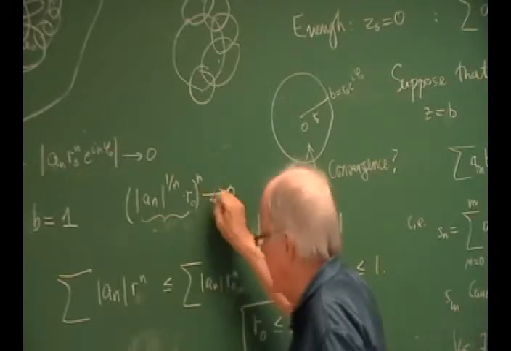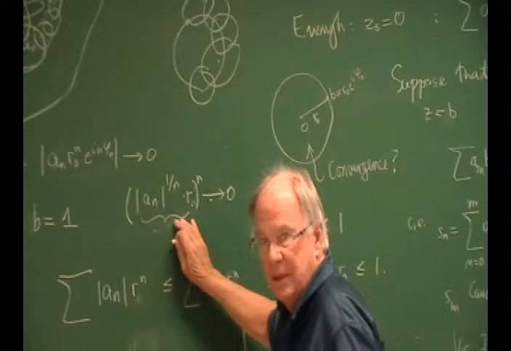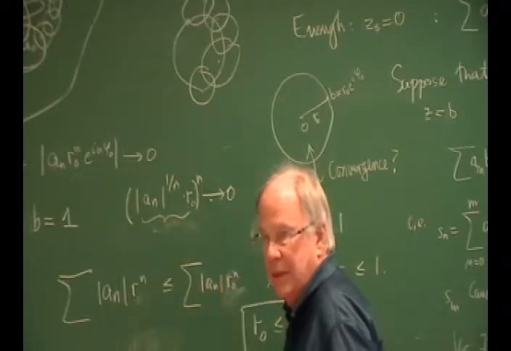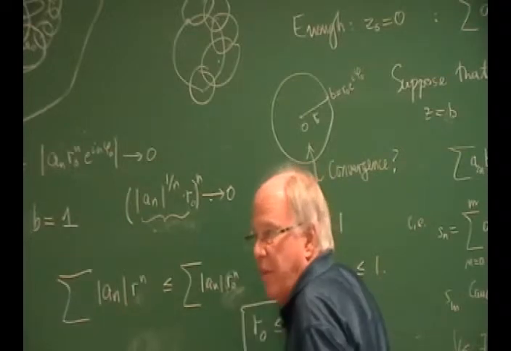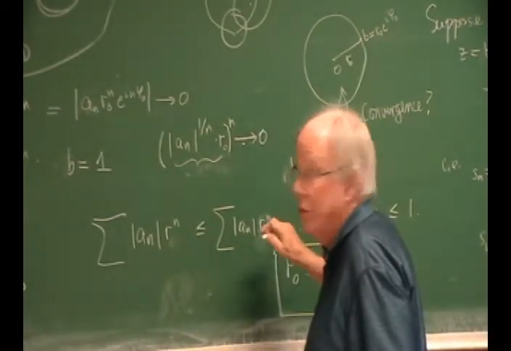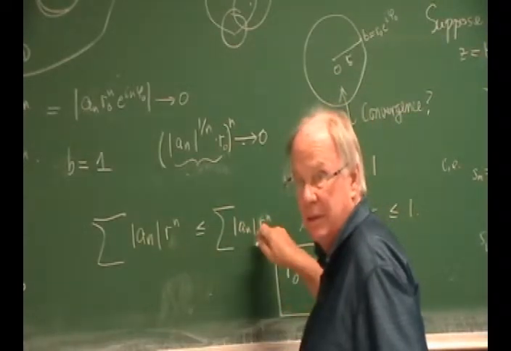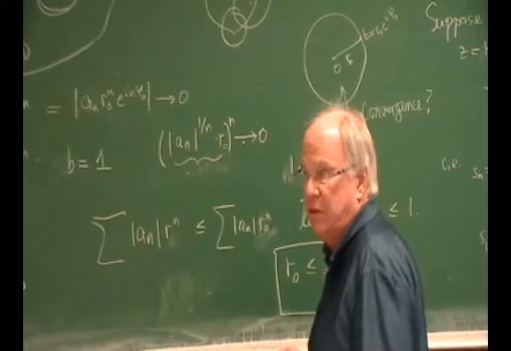That's the point. So you don't really know what happens on the boundary. And if you're beyond the boundary, then you certainly have divergence because this thing is too big. If you're less than the boundary, then you have uniform convergence.